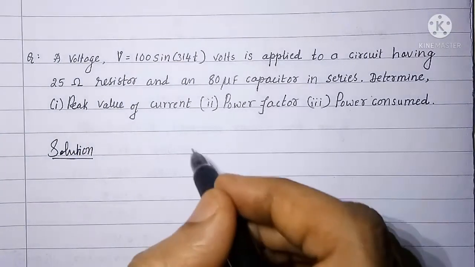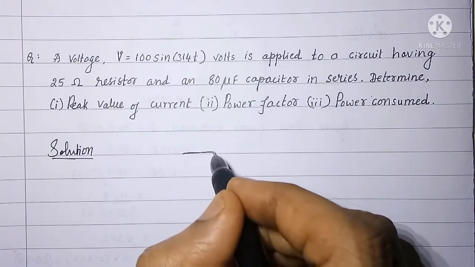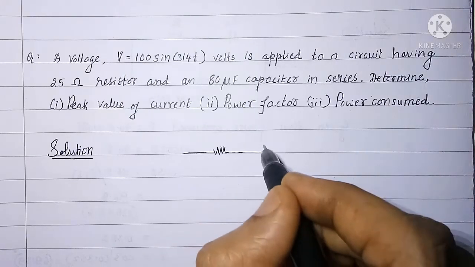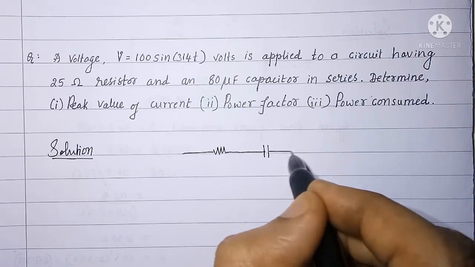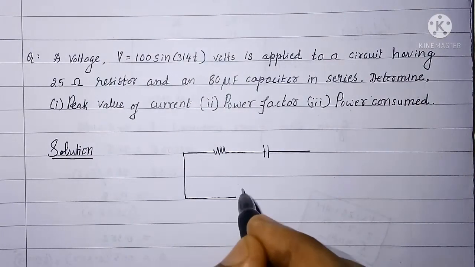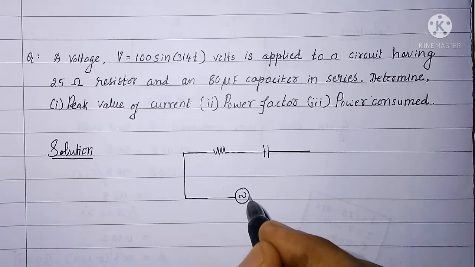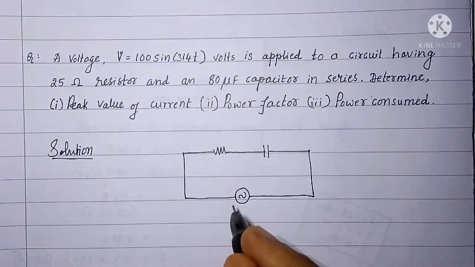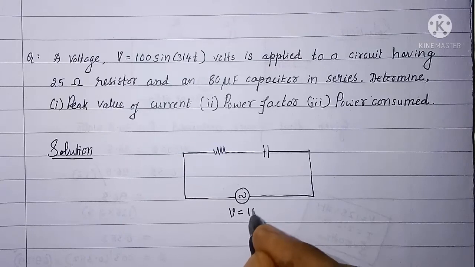Solution. From given details we will draw a series RC circuit here. Here applied voltage is instantaneous voltage but not RMS voltage, remember.